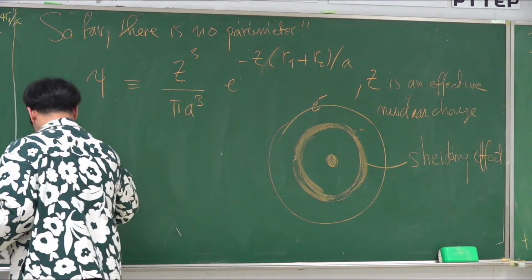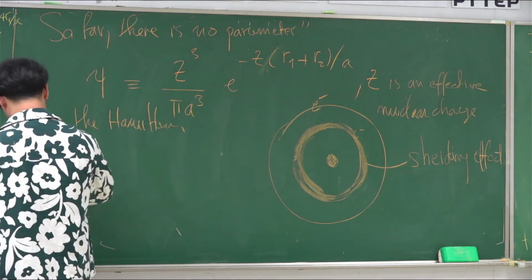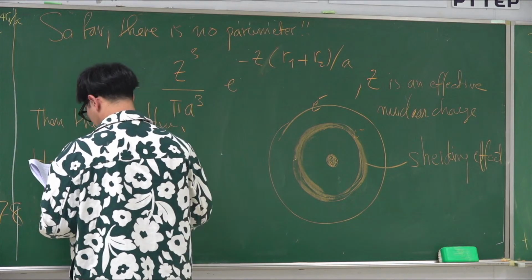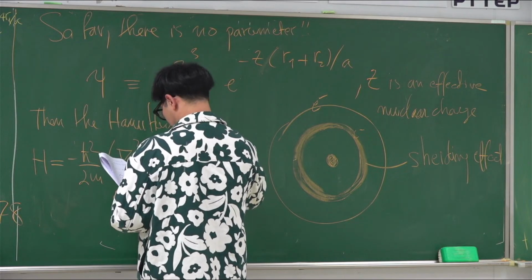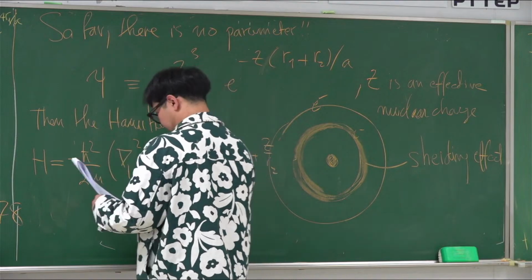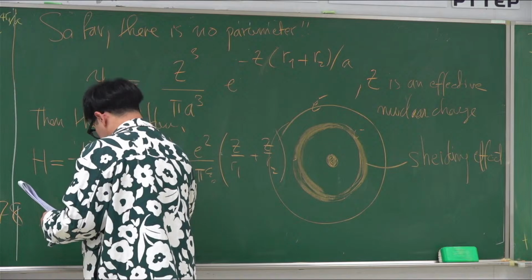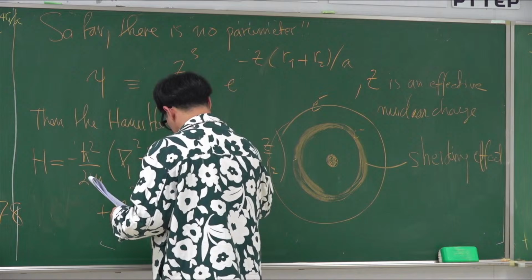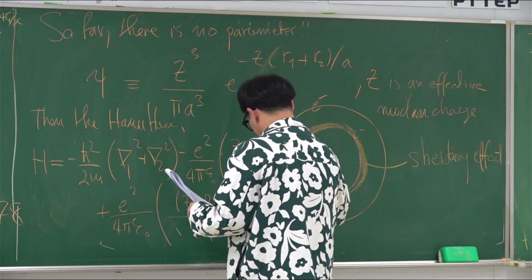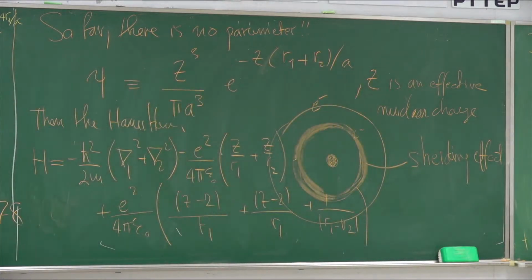Then the Hamiltonian for this system can be put, okay, it's going to be this one.